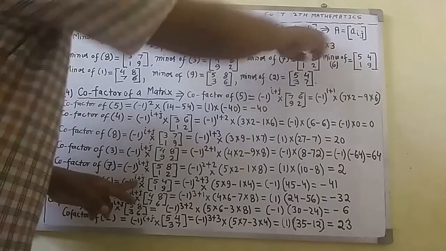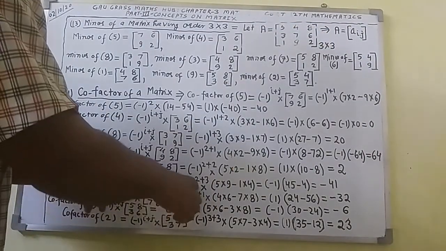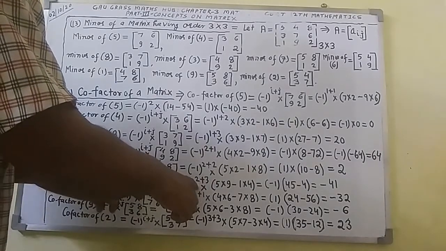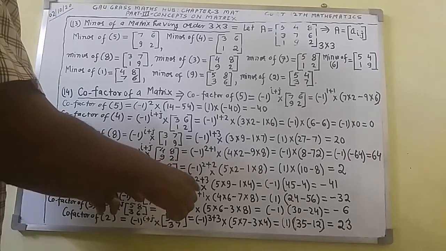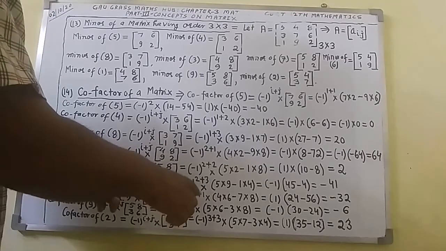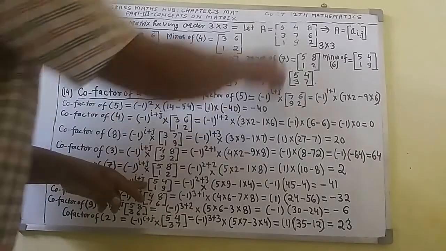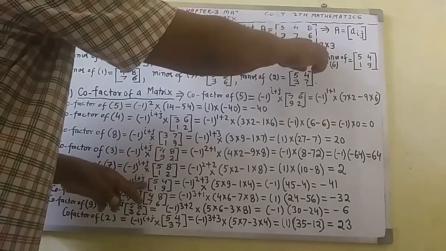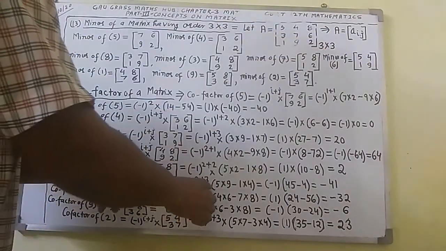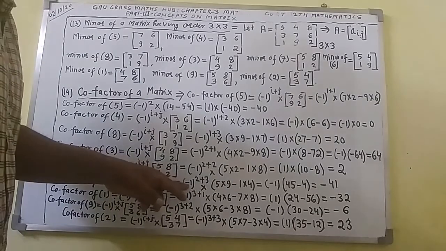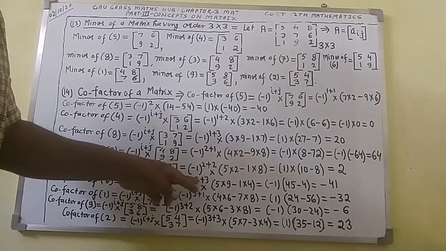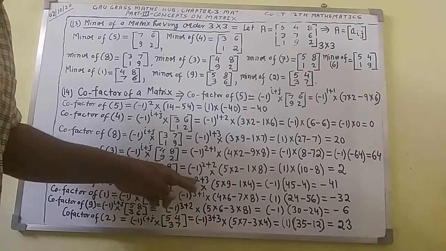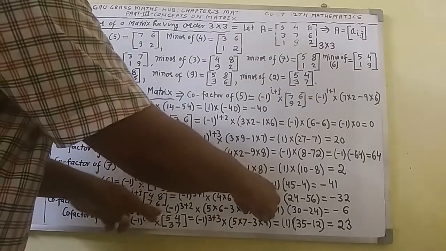For the second row, we write 2 plus j. j represents the column position of element 6. Element 6 is in the third column. For the third column, we write 3. Minus 1 raised to power 2 plus 3, which is 5. Minus 1 raised to power 5 comes out to minus 1.